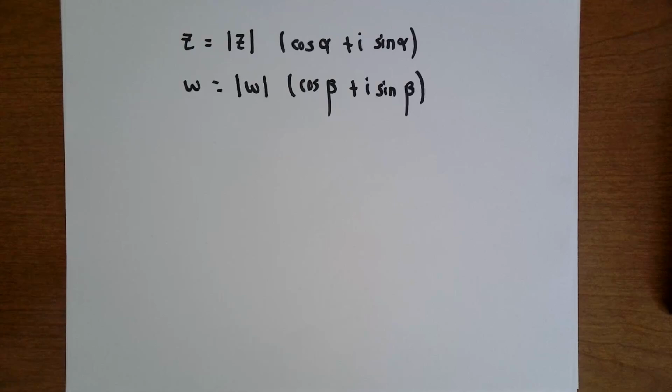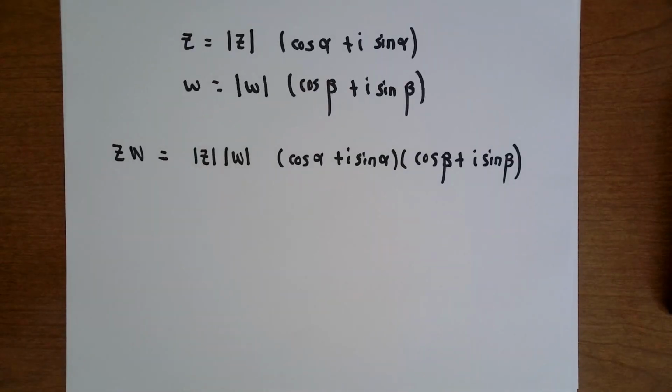Likewise, w is the real number, length of w, times the complex number cosine beta plus i sine beta, where beta is the angle between the positive x-axis and our little arrow that would represent the w complex number. I want to multiply these two things together and see what I get. It's right at this moment that we depart from the vector idea. If you look back in vector calculations, we had no analog to this kind of thing.